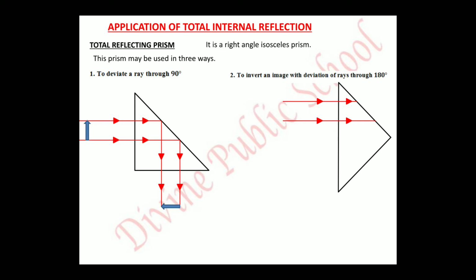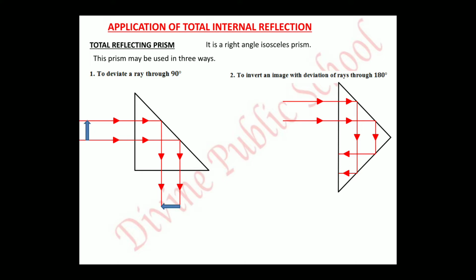So what happens? The ray suffers total internal reflection and is reflected in the prism only. Again they fall on a surface, again their angle of incidence is 45 degree only. So they get reflected back and they move to the surface.